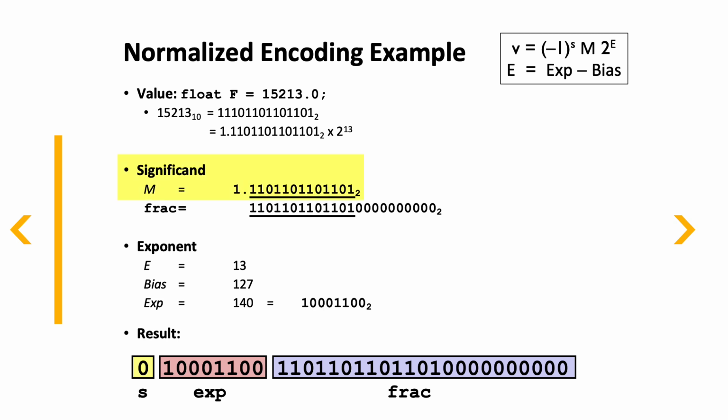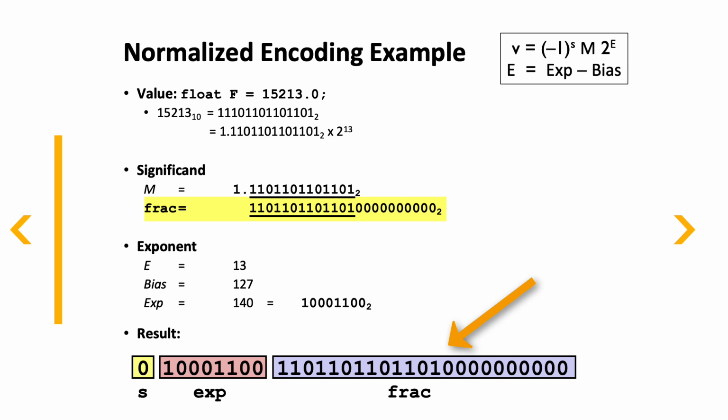So our significand, m, from the math up here in the top right, is going to be 1.1101101101101101. That's the actual value of our significand. So the bits of our frac field are going to be that bit pattern to the right of the binary point, because remember, we get this leading 1 by default.